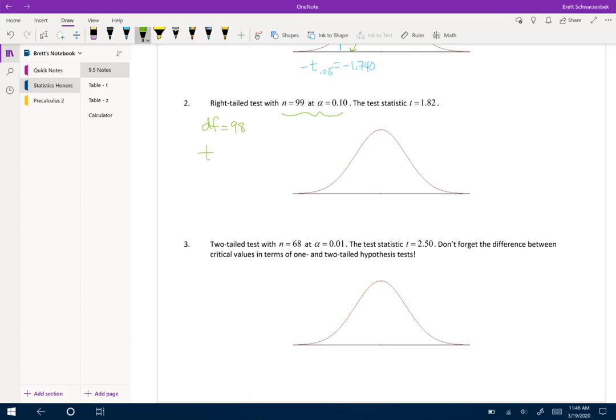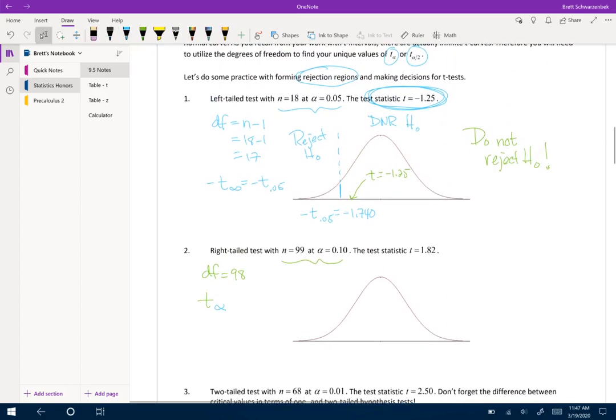So in this scenario, we would normally say, okay, we have 98 degrees of freedom. We have t sub positive alpha. I probably did the same thing in the other one; that should be alpha, and this should also be alpha.